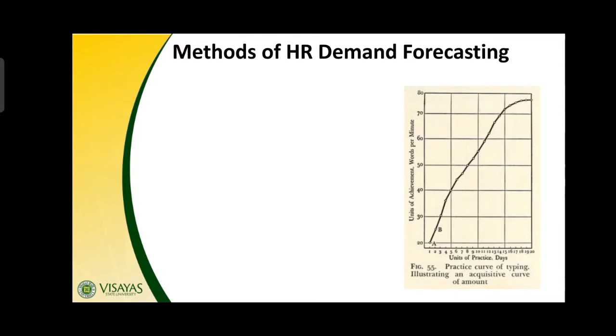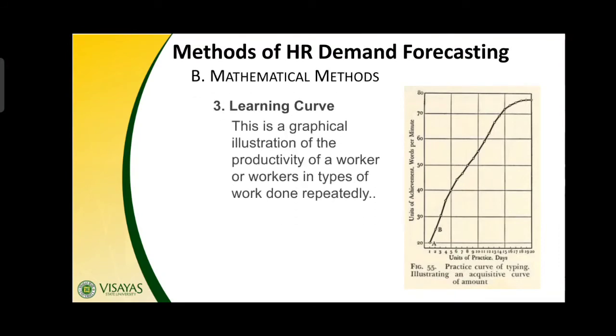Next method is the learning curve. This is a graphical illustration of the productivity of a worker or workers in types of work done repeatedly. So what is this work or learning curve?